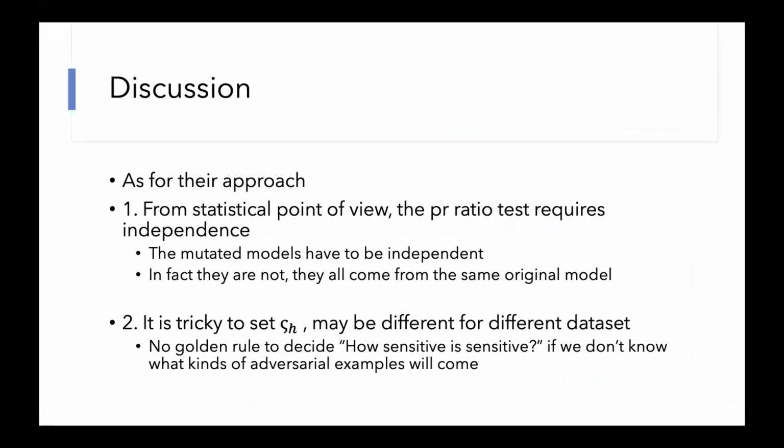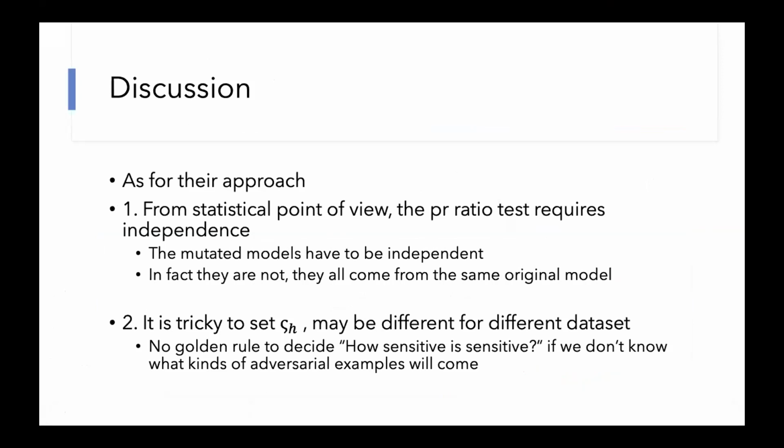So I have a discussion here. As for their approach, from a statistical point of view, I think the PR ratio test requires independence, which makes the mutated models have to be independent. But in fact, they are not, because they all come from the same original model. Second, it is tricky to select the threshold epsilon h.